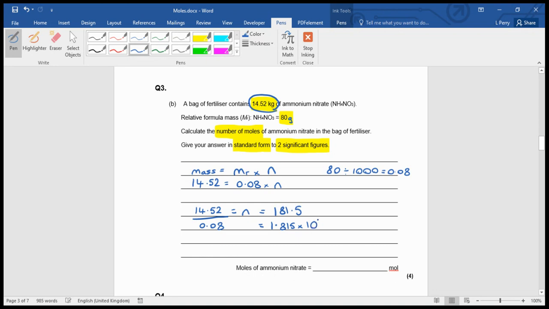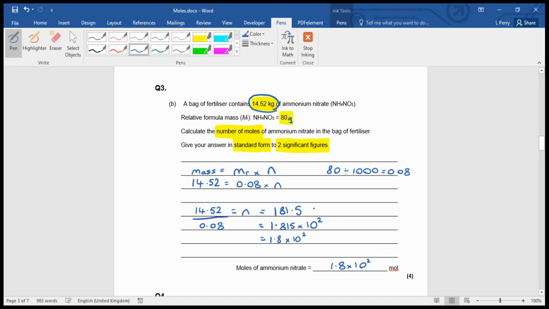So 1, 2. So that's in standard form. Then it asks for two significant figures. So I need the first two numbers, 1.8. I check the number after, which is a 1, so I don't need to round up. So it's 1.8 times 10 to the 2. And that's my final answer.